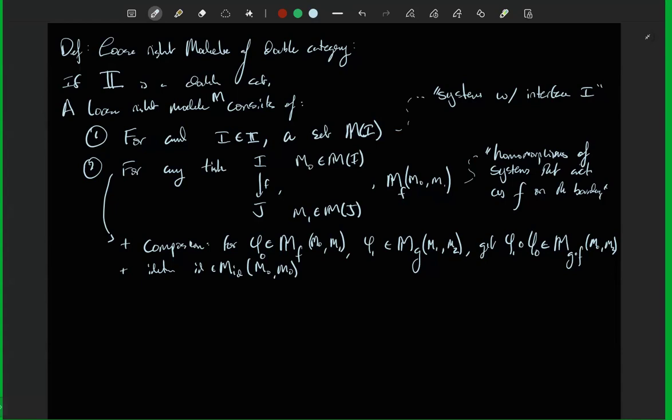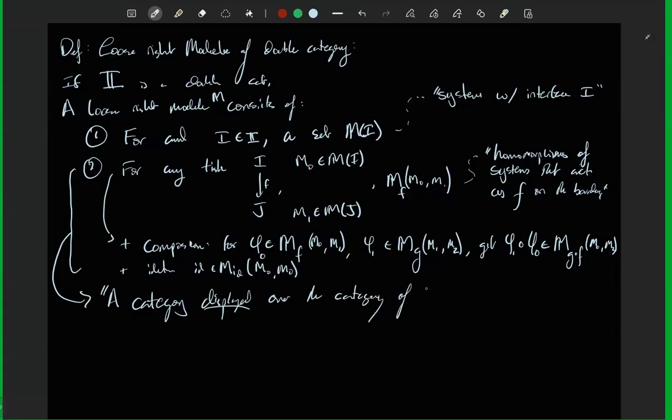So this information, by the way, is known as a category displayed over the category of type morphisms in I. That's the information.